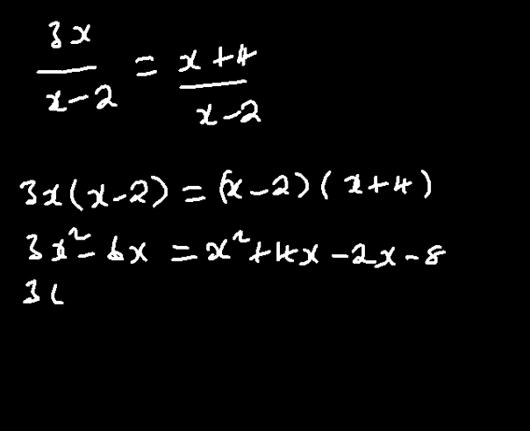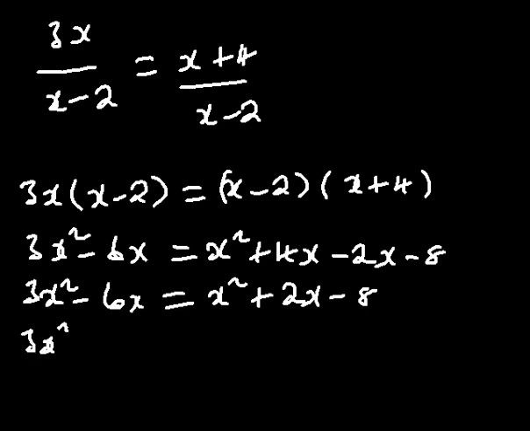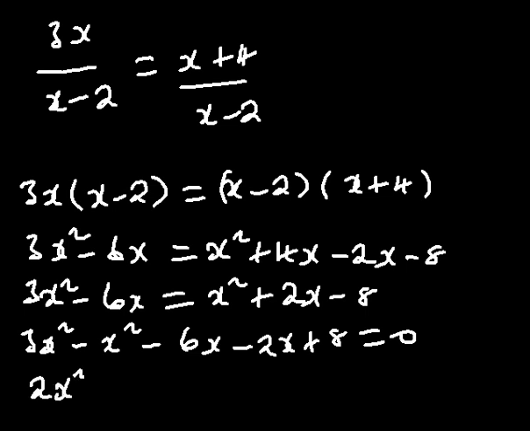Then we'll have 3x squared minus 6x equal to x squared plus 2x minus 8. Collecting the like terms, we have 3x squared minus x squared, minus 6x minus 2x, and plus 8, equal to 0. So we have 2x squared minus 8x plus 8 equal to 0.